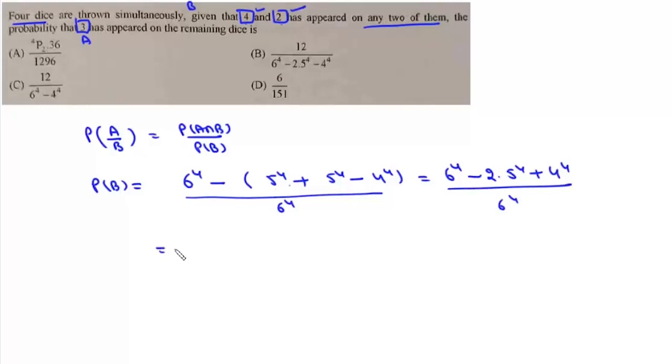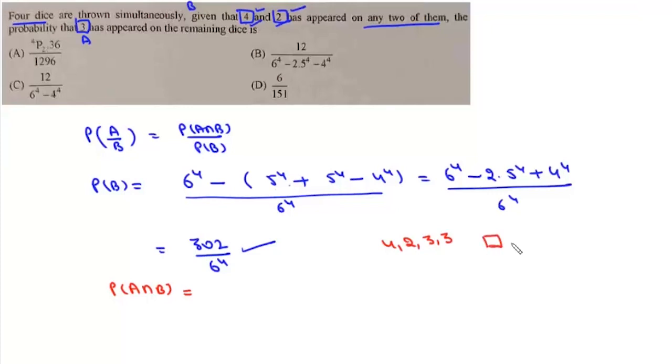Now this is 302 upon 6 to the power 4. So the probability that both 4 and 2 will appear will be this 302 upon 6 to the power 4. Now we'll find this probability of A intersection B. Now this A intersection B, we have a 4, we have a 2, and then we have 2 3s.